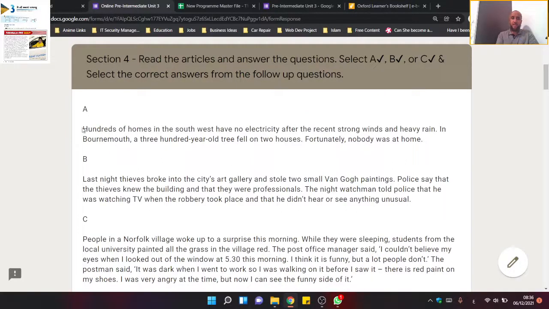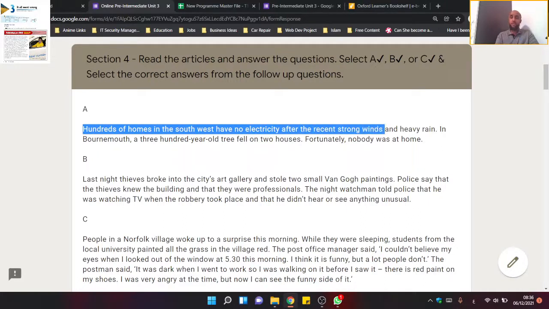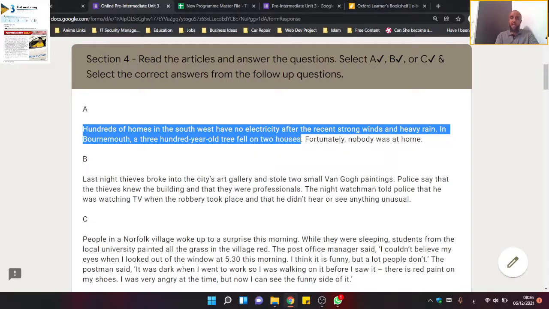If I read it to you again, hundreds of homes in the southwest have no electricity after the recent strong winds and heavy rain. In Bournemouth, a 300-year-old tree fell on two houses. يعني في شجرة كبيرة طاحت في فوق البيوت. Fortunately, nobody was at home. So, alhamdulillah, ولا أحد في البيت.